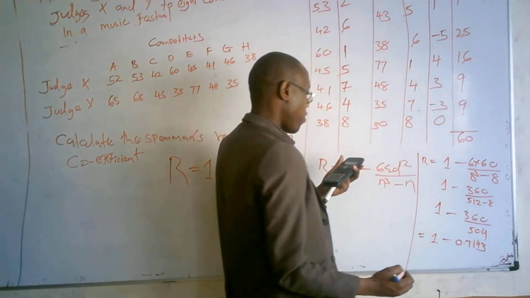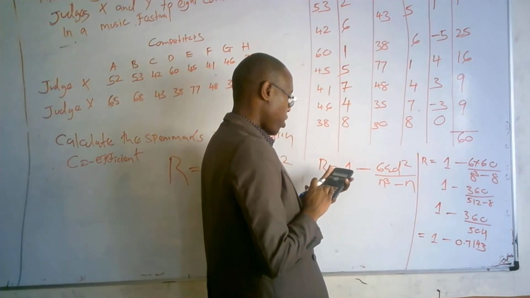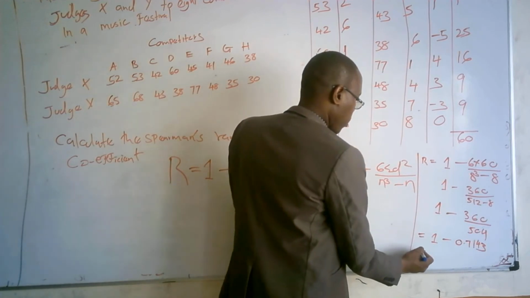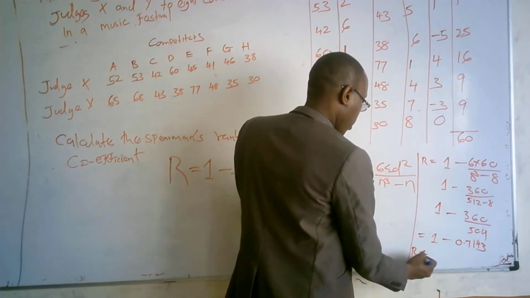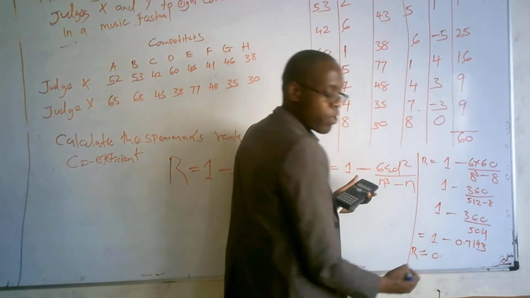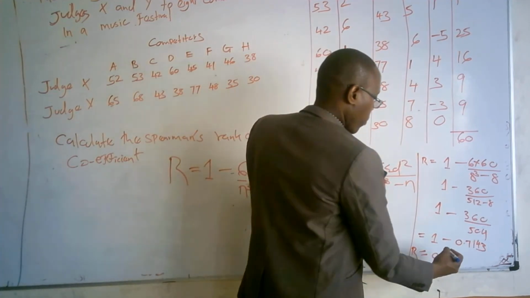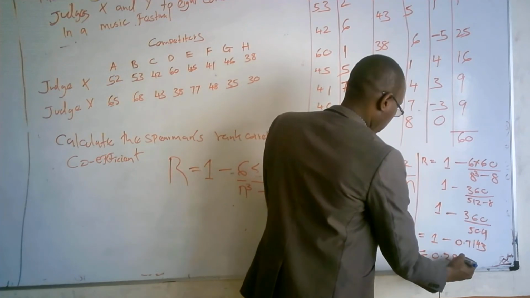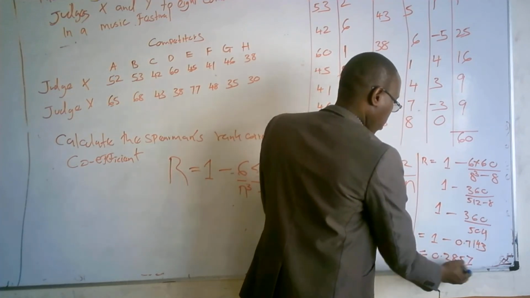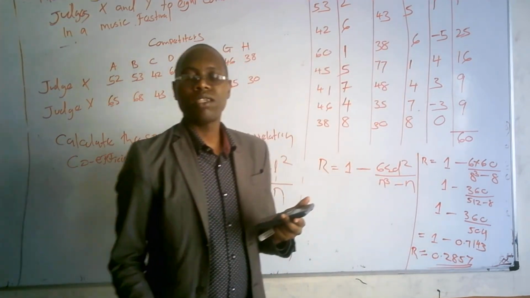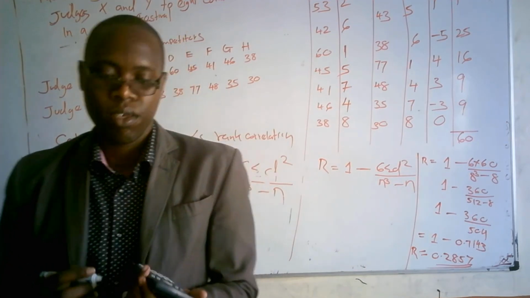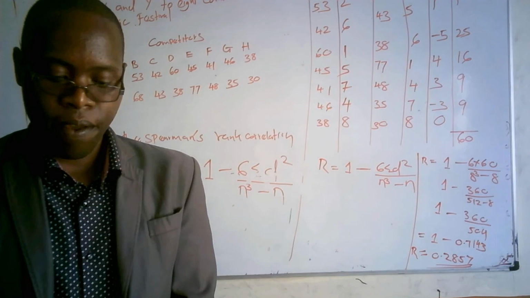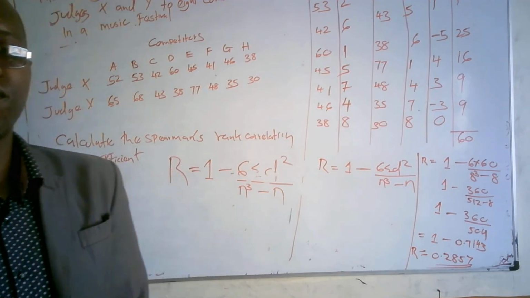So 0.7143. So if we take 1 minus that answer, our R, which is the rank, is going to be 0.2857.